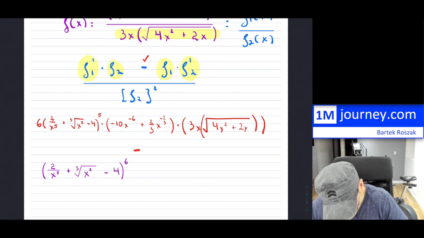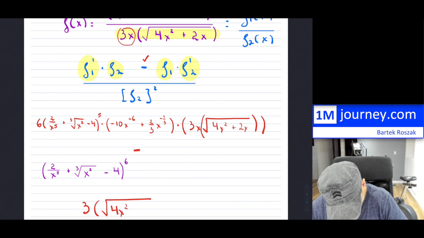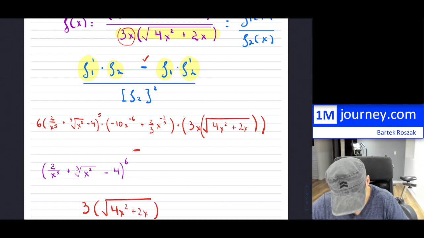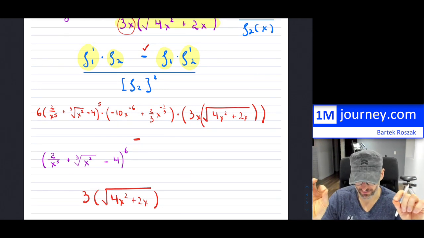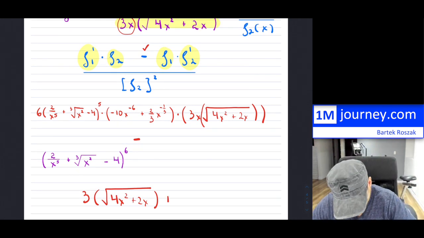So for the product, I have 3, which is the derivative of the 3x, multiplied by the actual second function, 4x squared plus 2x. So the product rule would be take the derivative, multiply it by the second function, plus, now leave the first function alone, and take the derivative of the second.